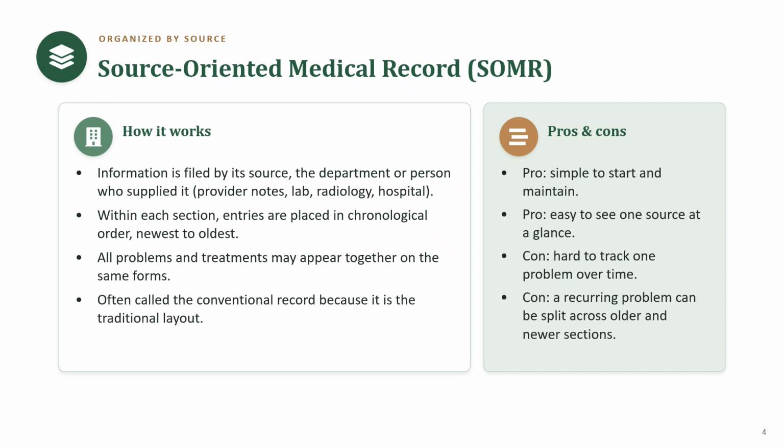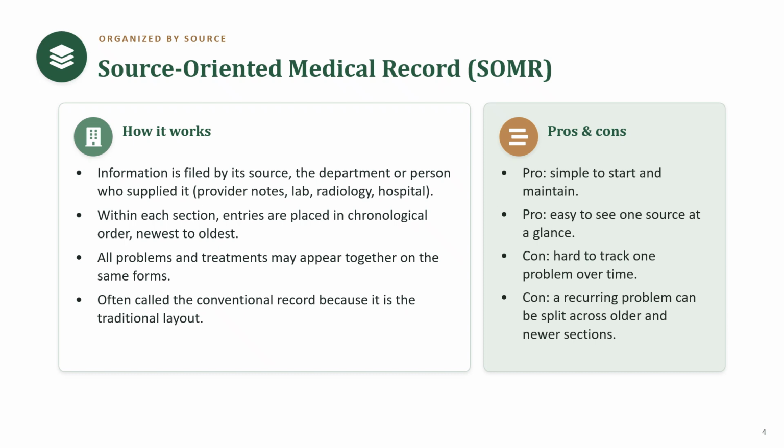Now the trade-offs, because this is where exam questions live. On the plus side, the SOMR is simple to set up and maintain, and if you want to see everything from one source, say all the lab work, it's easy because it's all in one place. On the downside, it's hard to follow a single problem over time.